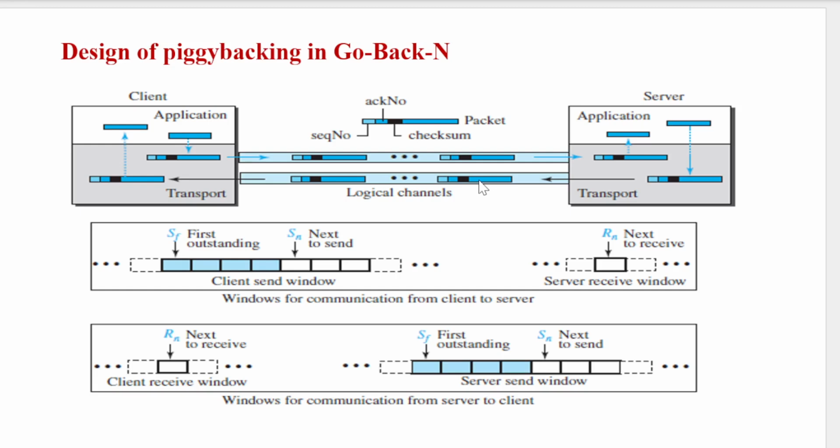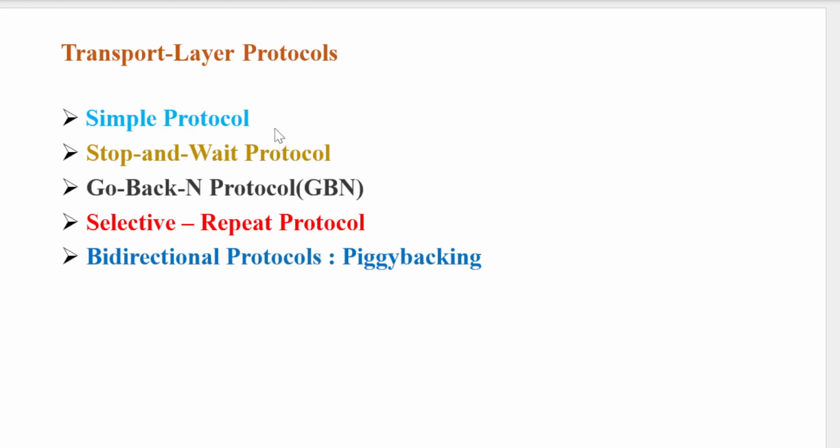So that's it about these transport layer protocols. So far we have discussed six kinds of protocols. The simple protocol, where an infinite amount of data is transferred between sender and receiver.